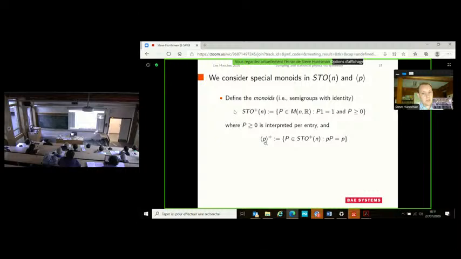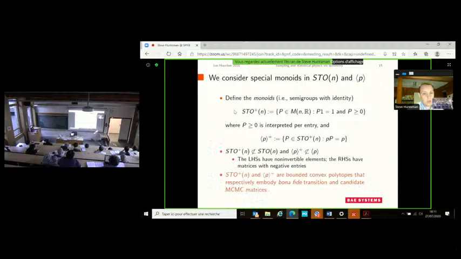The things in this object are non-negative. They leave the invariant measure invariant. And so they are candidates for doing MCMC. And just as an aside, you don't have the inclusions that you might seem to. The reason is that the inverses of these things have negative entries. So again, just to reiterate, this angle bracket P plus is where we want to live.